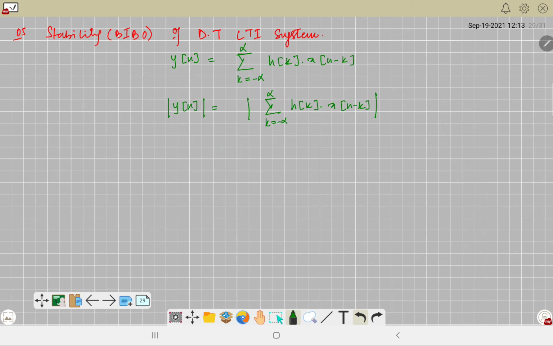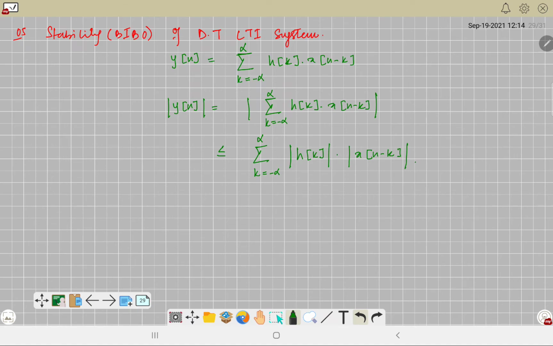So this will be less than or equal to the summation, we take the magnitude out, k equal to minus infinity to infinity, of the individual terms, h of k times x of n minus k. Now for stability, we always give a bounded input, that is, we always provide the system with an input which is bounded.